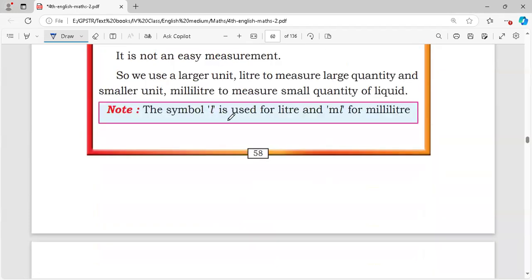The symbol L is used for liter and ml for milliliter.